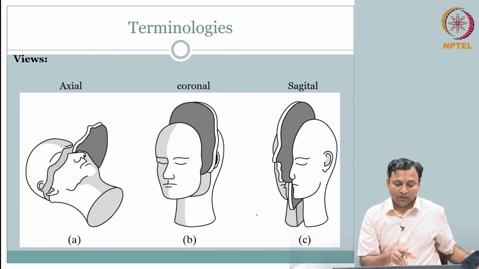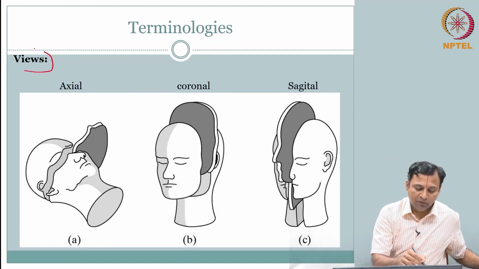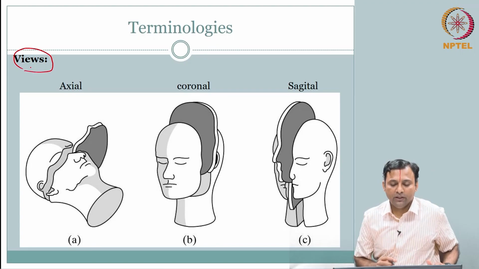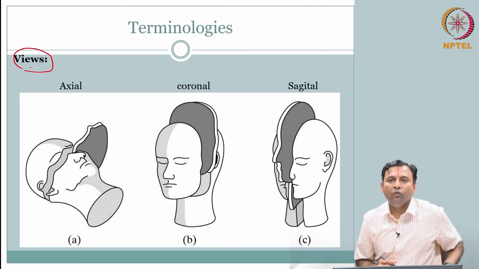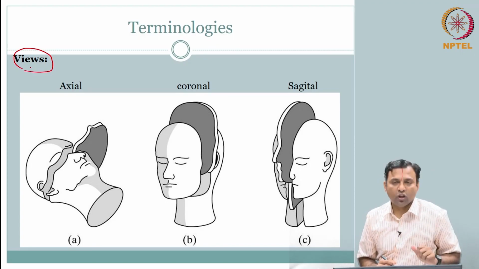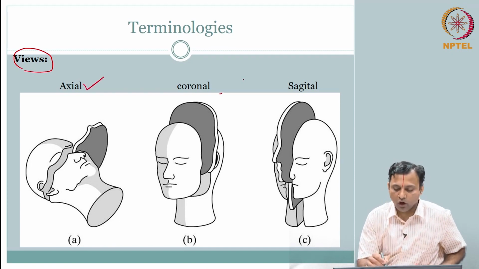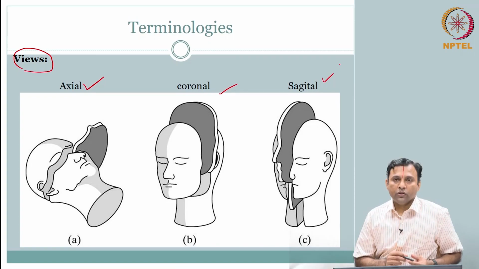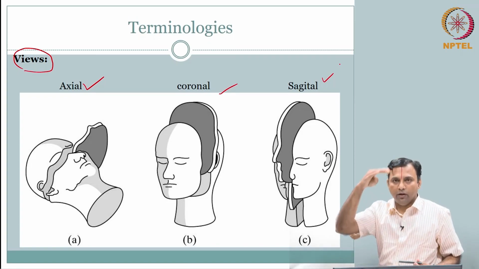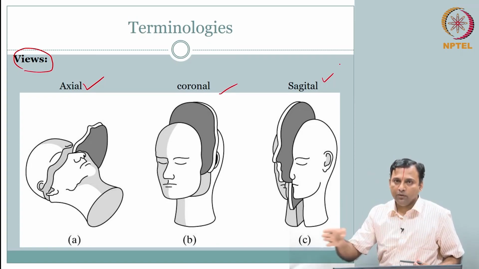Okay. So that means it becomes important that we have some common terminology to talk about what we mean by view angle. The most commonly used view angles for medical imaging are axial, coronal or sagittal. Axial means it goes through head to toe when you lie down.